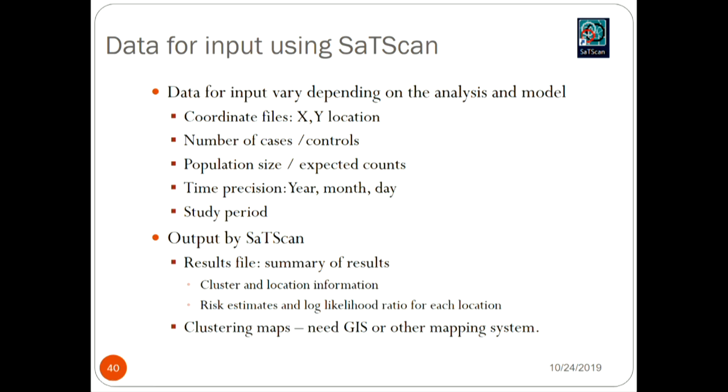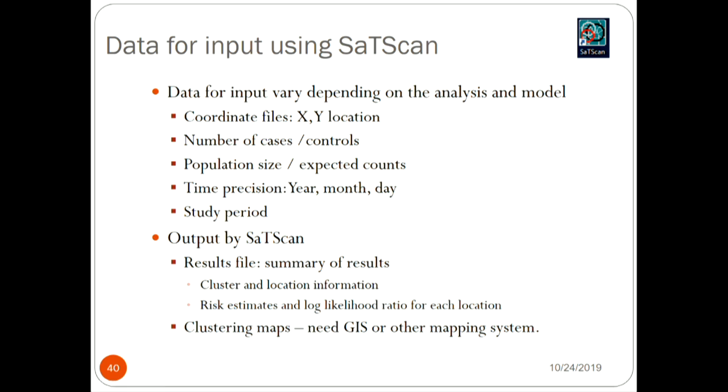And then we can also input the time interval. We can use the time interval as day, month, or year, and then we can define the study period, or we can use the entire data set for all the years.